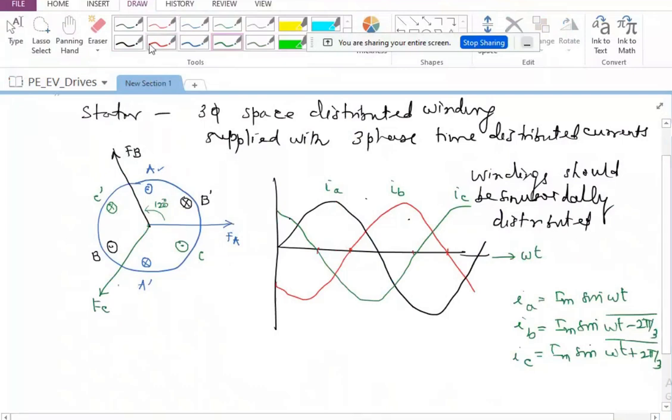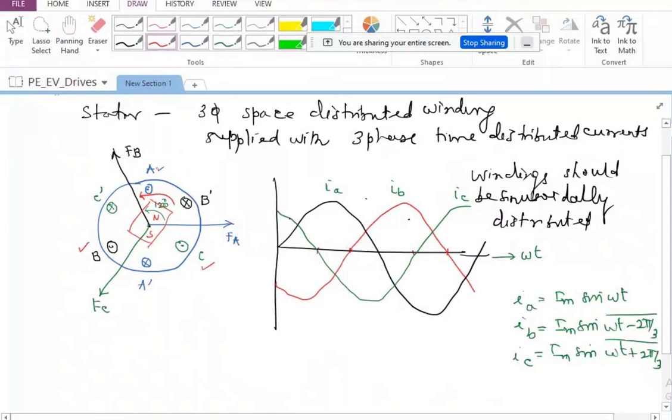I have deliberately shown it this way because if it is a generator, or even a synchronous machine, I am going to have the North Pole and South Pole like this. And the normal direction of rotation is going to be anti-clockwise. So this North Pole will face A first, and only when it rotates by 120 degrees, it will face B. Then when it rotates further by 120 degrees, it will face C. So which conductor is it encountering first?